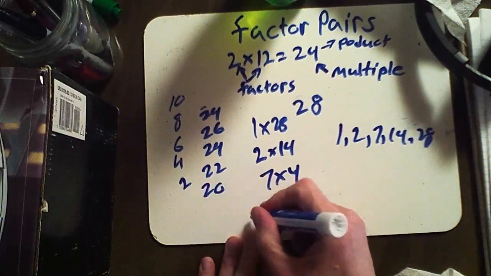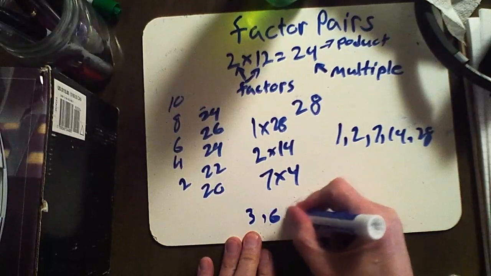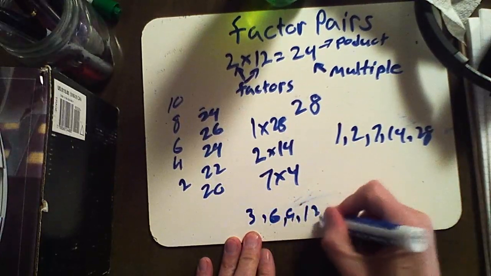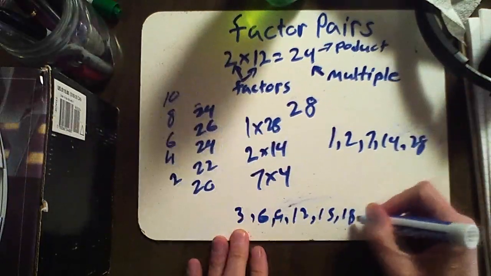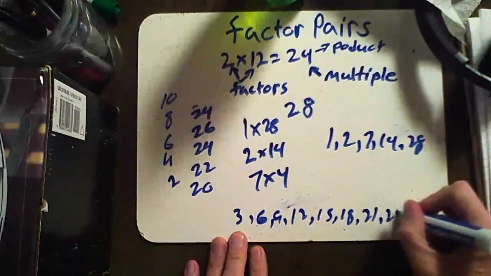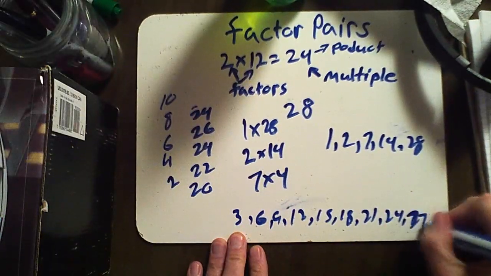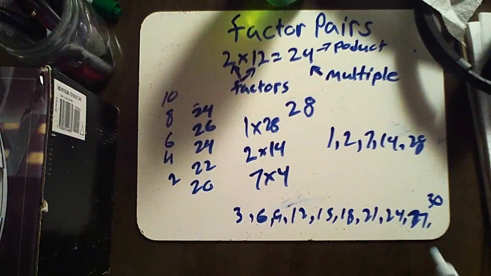What if we skip count by 3s? 3, 6, 9, 12, 15, 18, 21, 24, 27, 30. Oh, look at that. We went from 27 to 30. We did not land on 28 when we skip counted by 3s. So therefore, 3 is not a factor of 28.